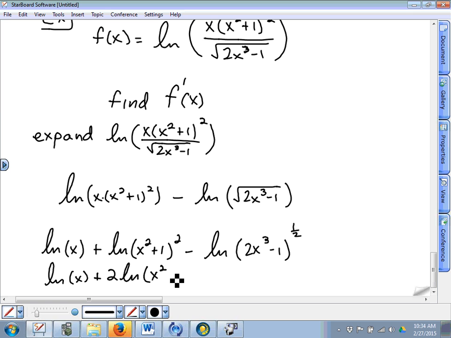Plus. So now it's fully expanded. This is what f of x equals. Now you can take the derivative of each one individually. Does that seem a little bit easier than what we started with?